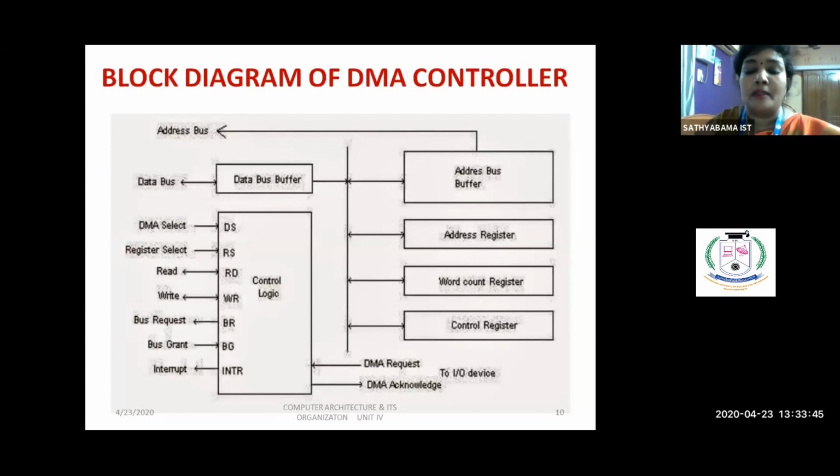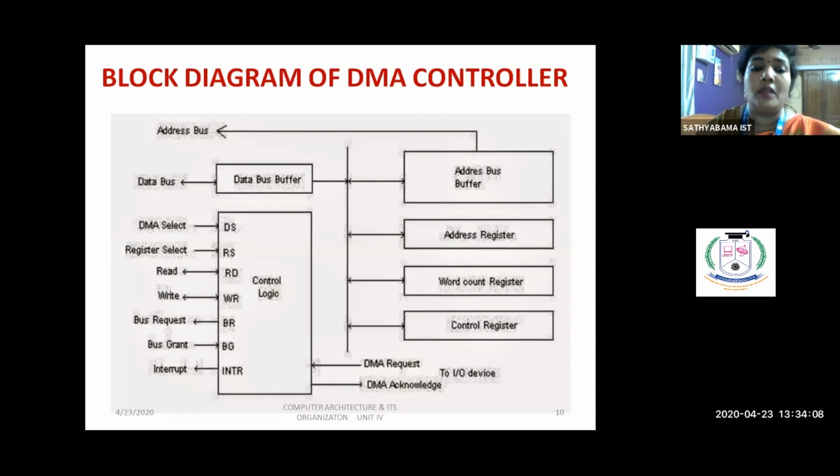We have 3 registers, so in which register the data should be stored is selected by the RS line. This is also given by your CPU through the address bus. Then you have the read signal and write signal. Then you have the bus request signal and bus grant signal.